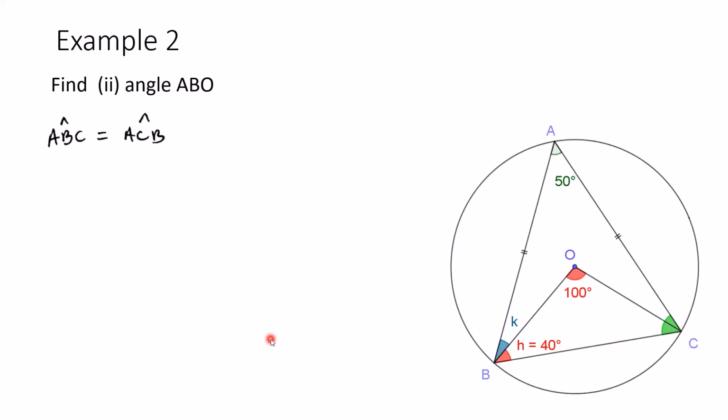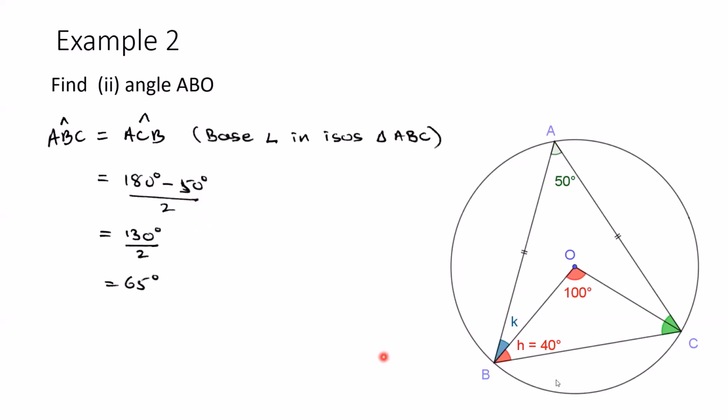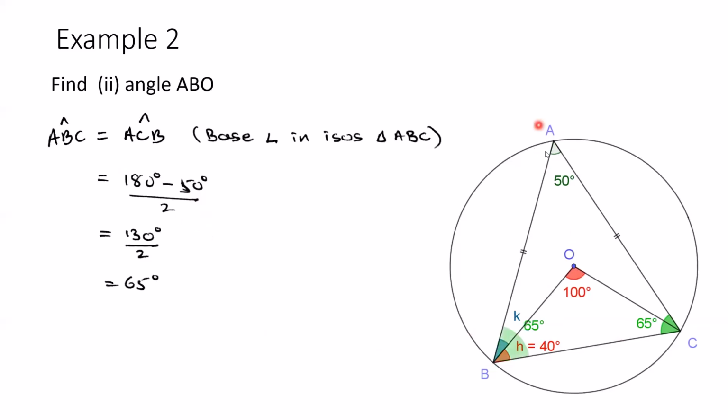So ABC is equal to ACB is equal to 180 minus 50 divided by 2, which is 65. So we know that ABC and ACB are both equal and they are 65 degrees. So we know that ABC is 65 and OBC is 40 degrees. Therefore, K, that is ABO, is equal to 65 minus 40 degrees, which is 25 degrees.